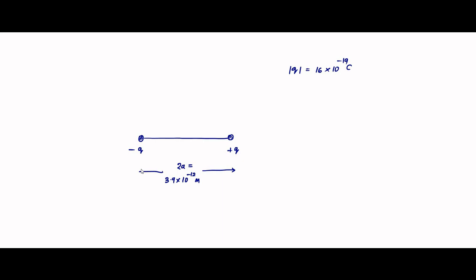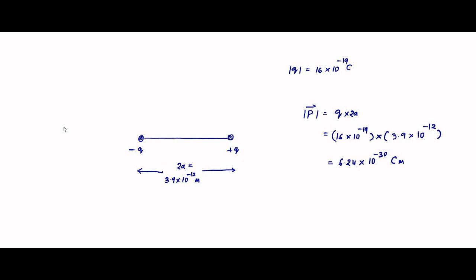So first we have to determine the dipole moment. The dipole moment is equal to q into 2a, that is equal to 16 into 10 to the power minus 19 coulomb into the separation distance, 3.9 into 10 to the power minus 12. So that is coming around 6.24 into 10 to the power minus 30 coulomb meter. So that is the dipole moment.